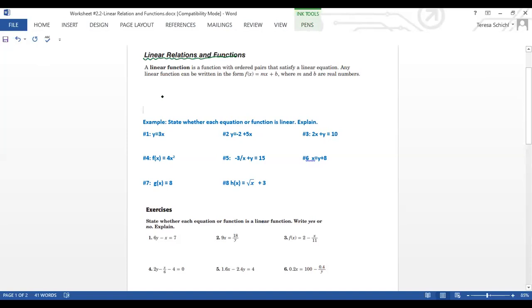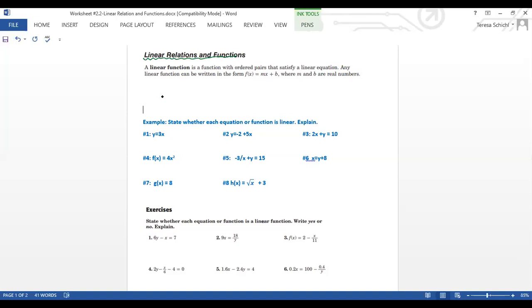The easiest way to identify a linear function is that you have both variables, x and y, in the equation, and they can be in any kind of combination with some constants. The only thing is that x and y cannot be on the denominator.